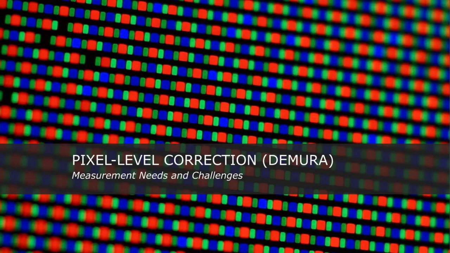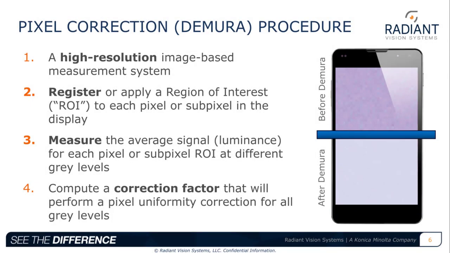Now that we've introduced the need for pixel level correction, or what we call DEMURA, let me give a few more details about pixel level correction. The process for pixel correction, or DEMURA, is comprised of 4 steps.